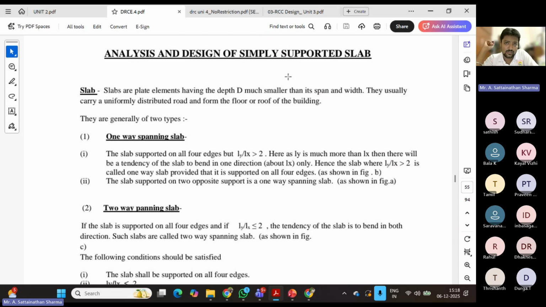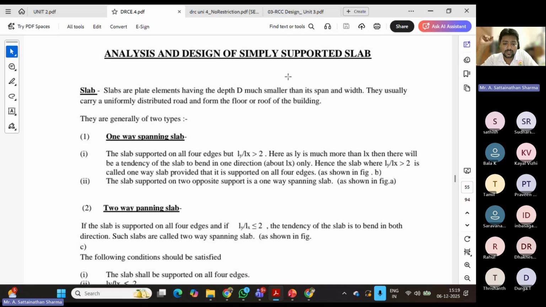When I say x and y, if I say a slab size of 3 by 5, then 3 is x-axis and 5 is y-axis. 3 meter by 5 meter, so 3 meter comes under x direction and 5 meter comes under y direction.